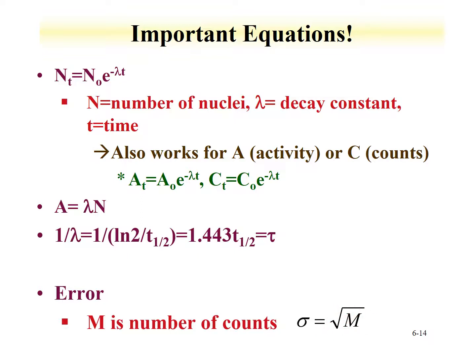So for 100 counts, I could say my count rate is 100 plus or minus 10. The square root of 100 is 10. That's my standard deviation. So it works out that this is an important term for doing experiments. And those are the important equations.